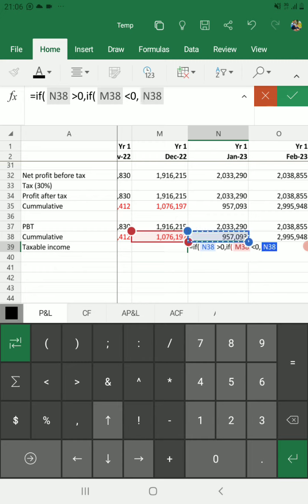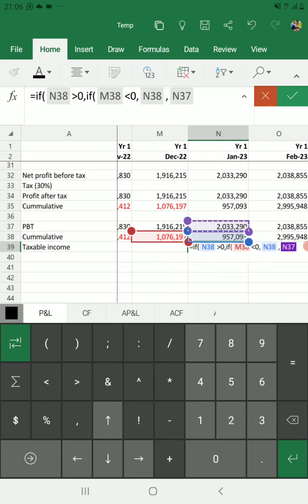Okay, otherwise, that means if the previous figure is positive, then the taxable income will be PBT, I mean profit before tax.